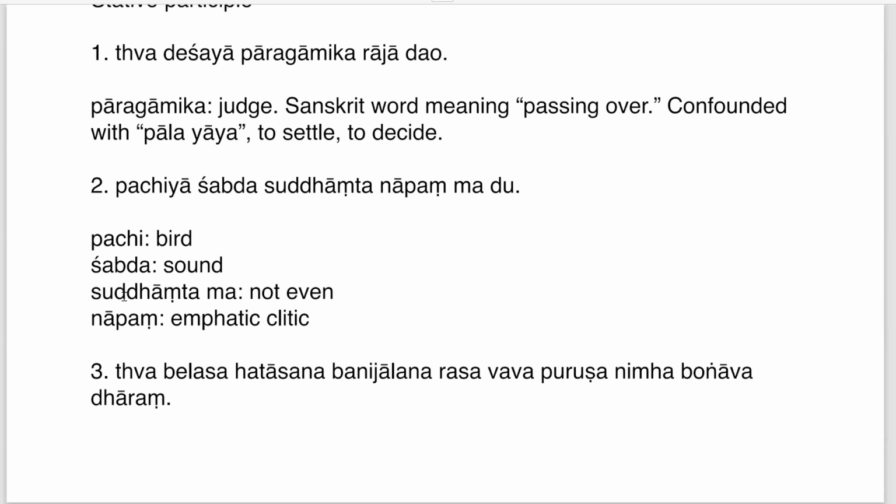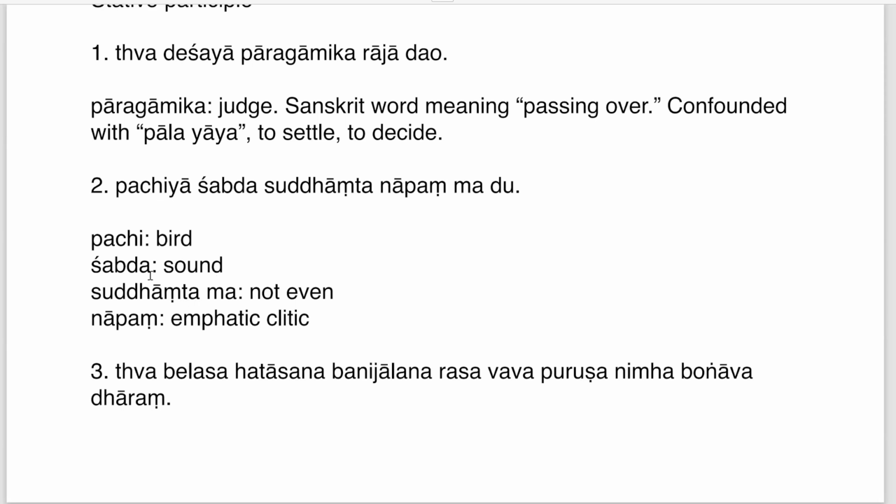Sudhanama, we don't know from which source this sudhana comes from. And Jungerson suggests that it might be from Hindi, like siddha, like street, but we don't know. So sudhanama, the negation, like not even.